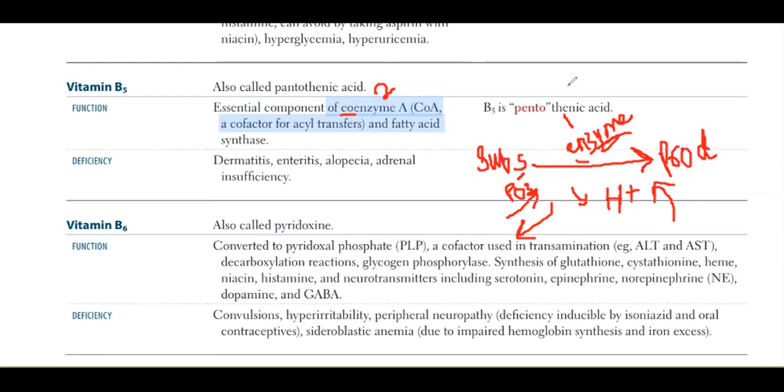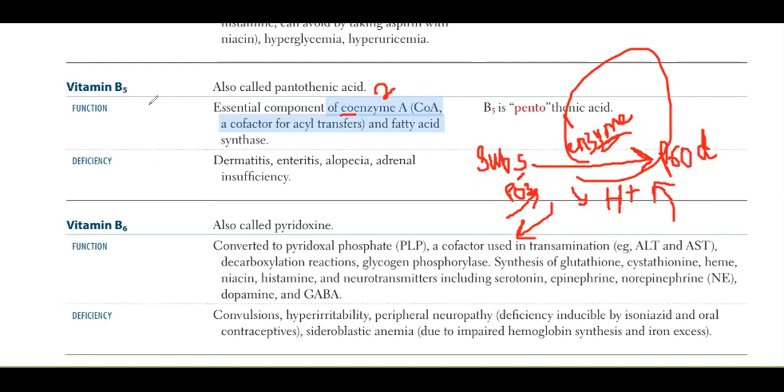For example, in previous lectures we studied the synthesis of acetylcholine, in pharmacology and in physiology.